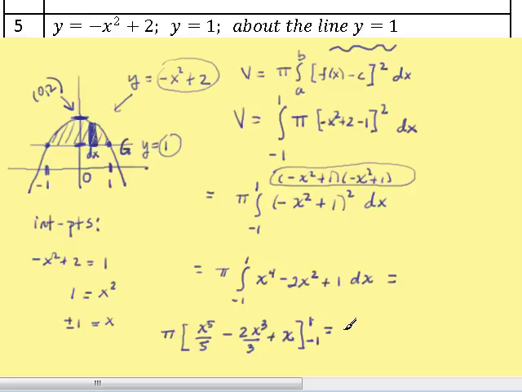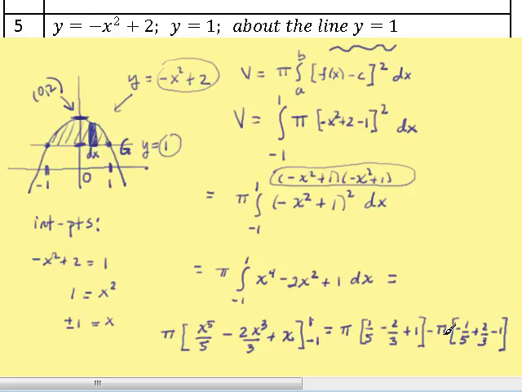First 1, and we have pi, and here we have 1/5 minus 2/3 plus 1. Okay, minus pi. Again, just substitute in minus 1, so we have minus 1/5, and then substitute into x cubed, and we're going to have plus 2/3 and minus 1.